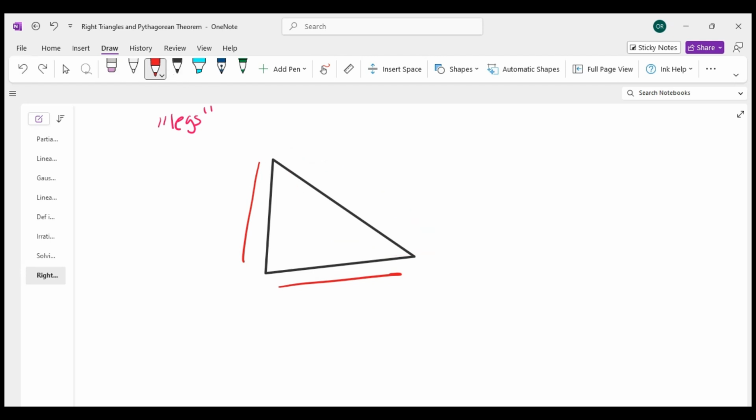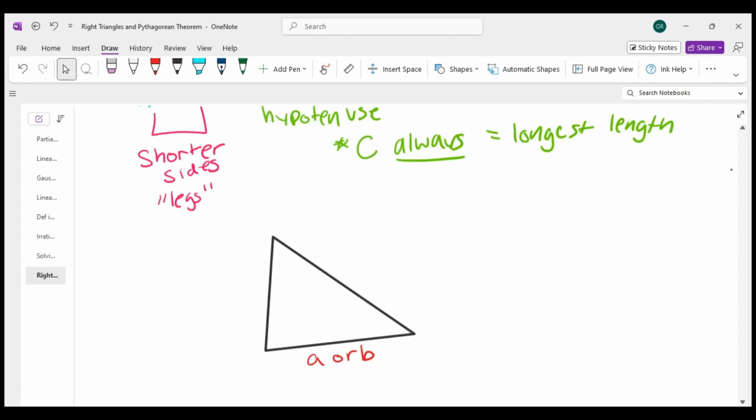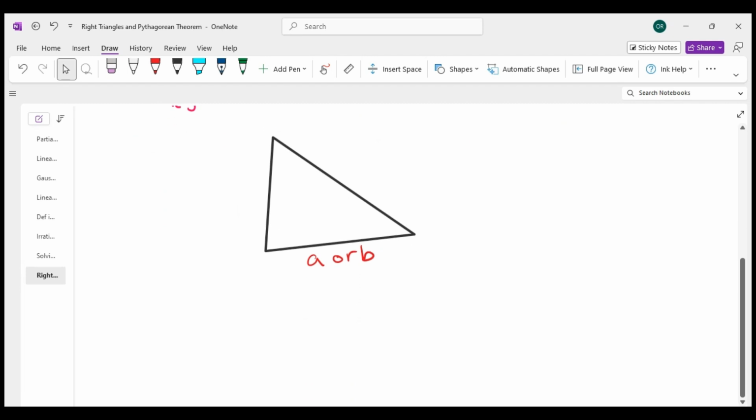So this can be your a or your b. It doesn't matter because since you're adding them in the equation, they can flip-flop, so it can actually be b squared plus a squared equals c squared. And this can also be a or b, but then you have to note that this is the hypotenuse. It's also the longest length, so this has to equal c.